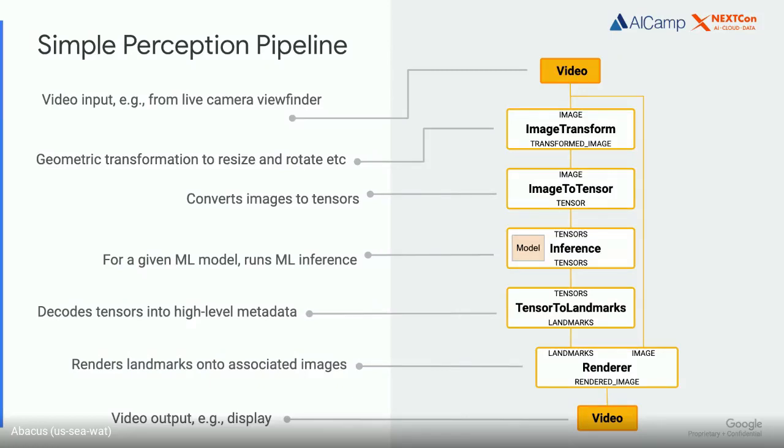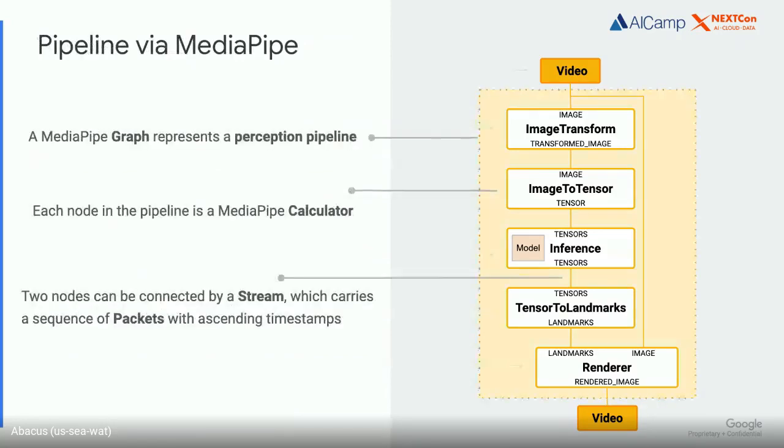And then we run the neural network. That's another MediaPipe calculator. And then we need to convert the tensors into a data structure which can be rendered. And then finally, probably we're going to take that data structure and use it to render some marker on each of the images, so that we have a visualization of the result that we got from the neural network.